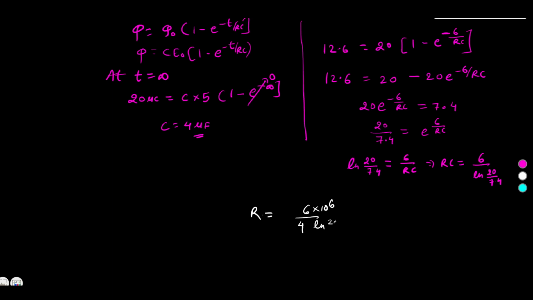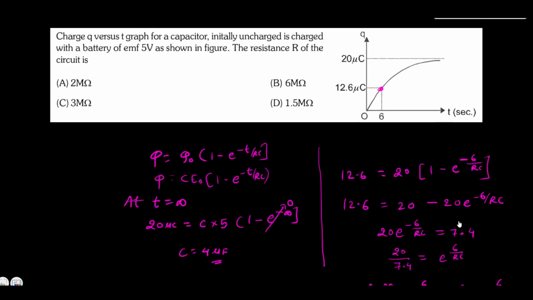So I will write 200 by 74. So this is 1.5 into 10 raised to the power 6 by ln 200 by 74. So the value you can see that it is greater than 1, and so the answer should be lesser than 1.5 mega ohm. Let me check any option is there.